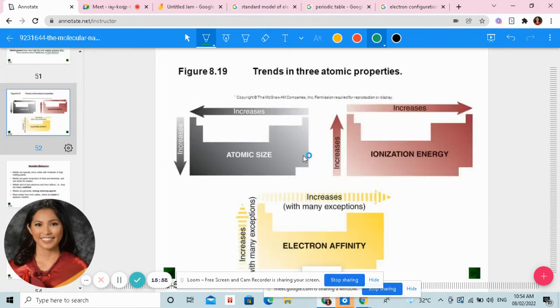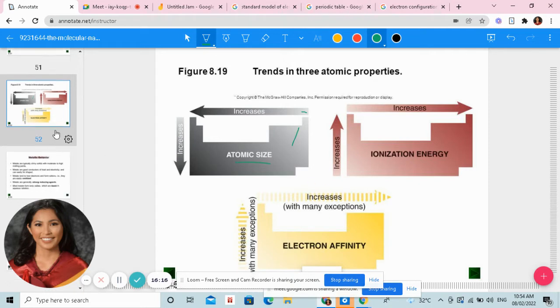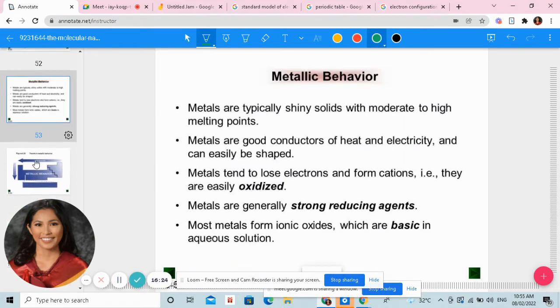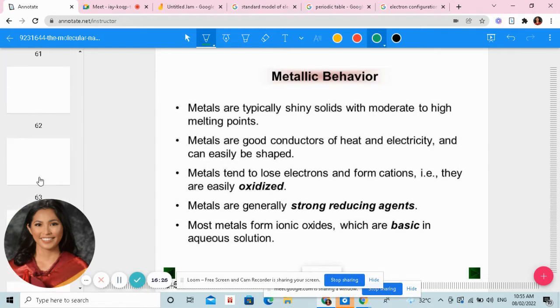So we have this trend. As we go across from left to right, atomic size increases. Then as we go down, atomic size decreases. Okay, you study the trend na lang po, because in the exam, I'll ask you to arrange the elements.